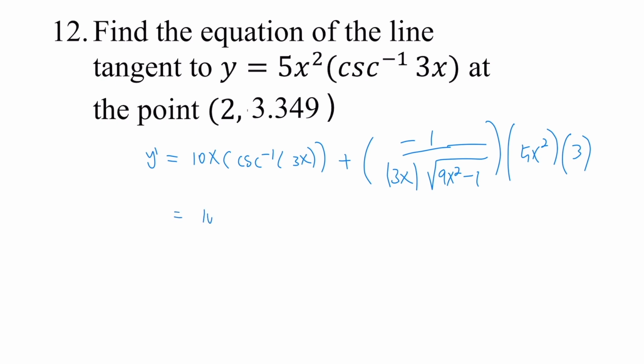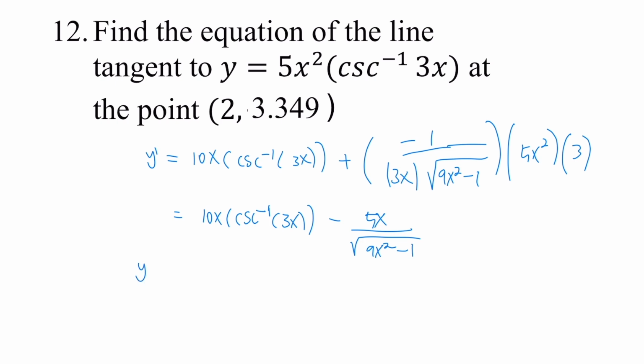So we have 10x cosecant inverse 3x minus 5x all over 9x squared, square root, minus 1, right?